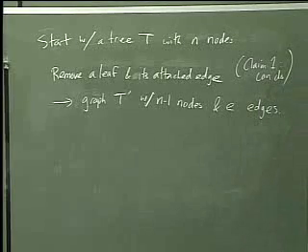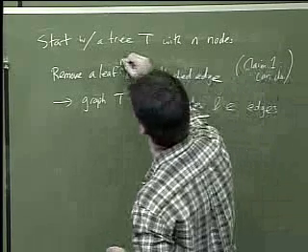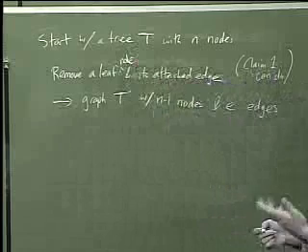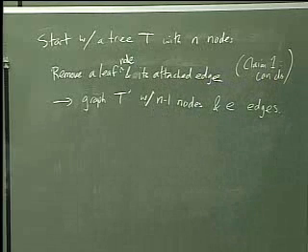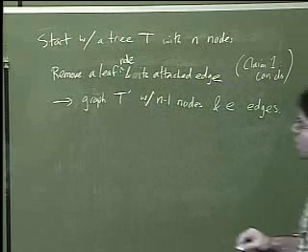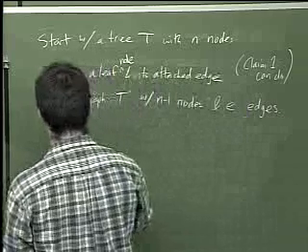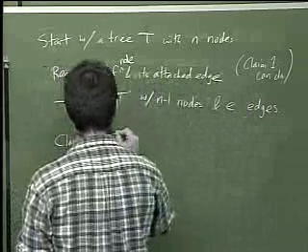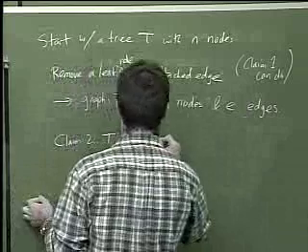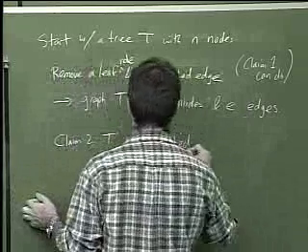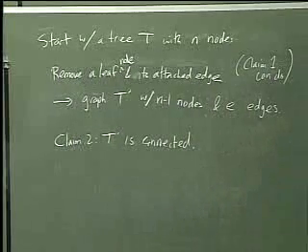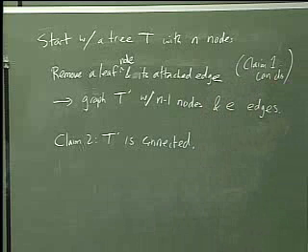Right? By claim 1, there exists a leaf node, so I can remove it. Okay? And by claim 2, T prime is connected. Right? I can still get from any node in T prime to any other node in T prime.